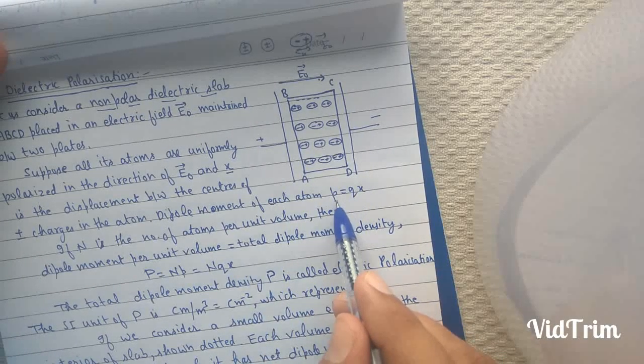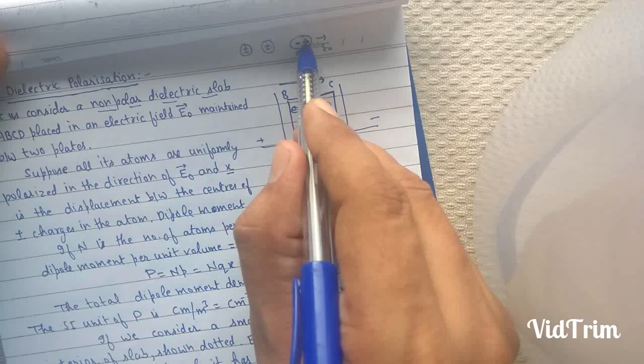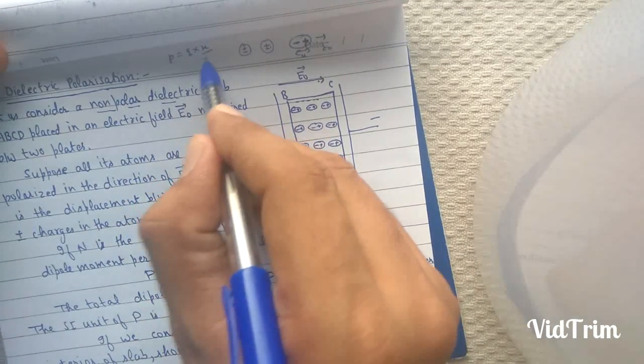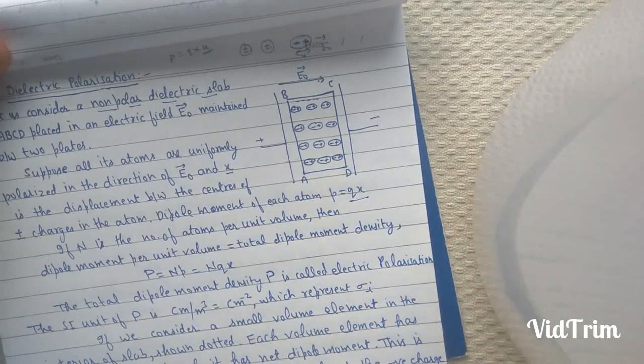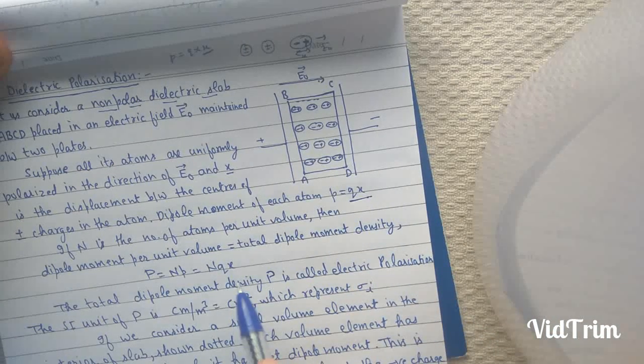Therefore, the dipole moment of each atom is q into x, where q is the magnitude of positive or negative charge, and x is the distance between the two equal and opposite charges. So the dipole moment of each atom is p equal to q x.